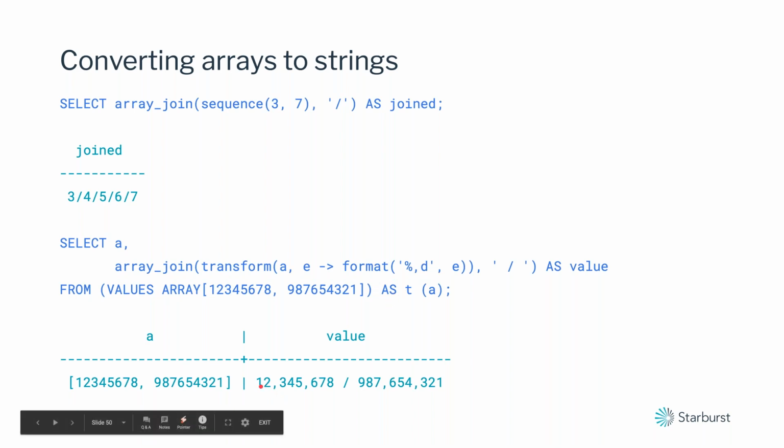So we'll convert it first into 12,345,000, etc., or 987 million, comma, and so on. So we transform the values into strings with commas, and then we join it together with space/space, and that gives us our output here. Using join combined with transform, combined with format, you can do a whole lot of powerful things to produce output for a report.